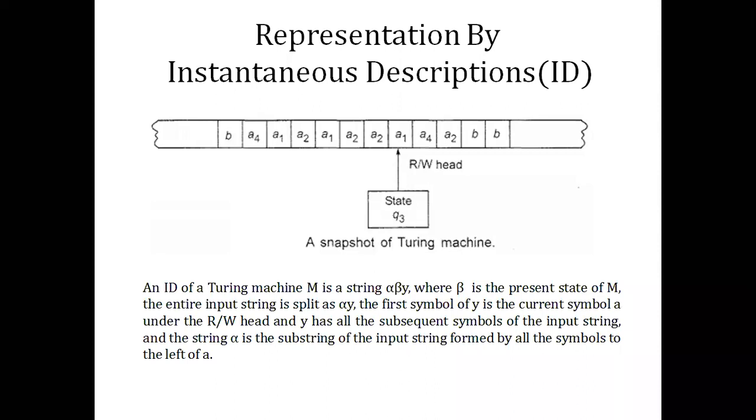That means all the symbols on the left side of A1 have been previously read by the Turing machine, and all the symbols to the right side are still to be processed. So how do you describe this current state of the machine with the help of ID?